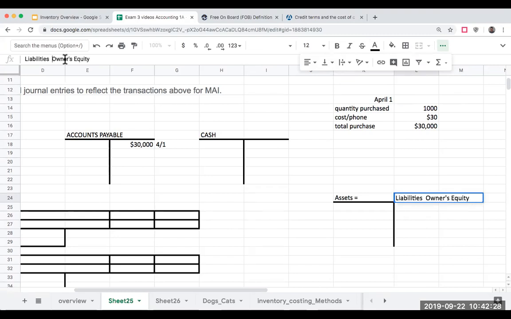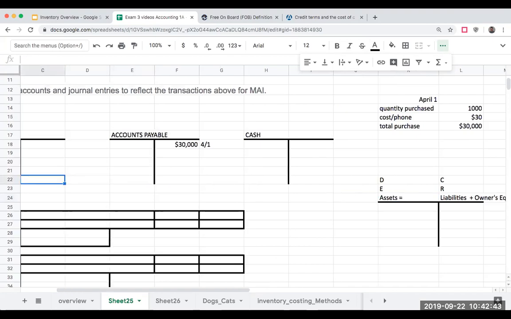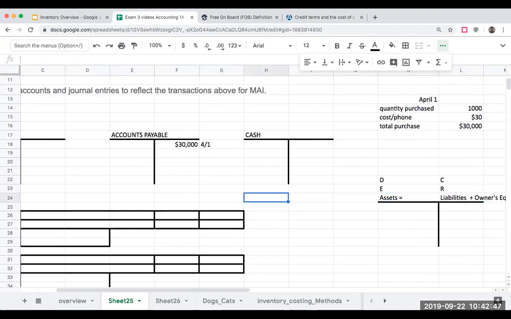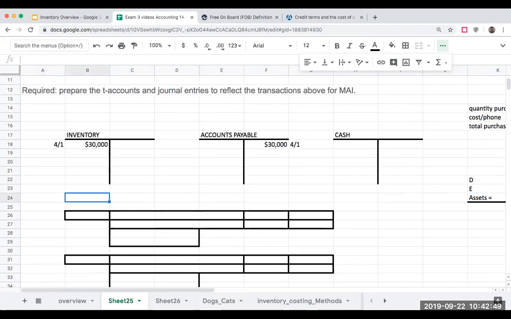And when I'm recording transactions on T accounts, B, C, E, R. So I'm showing an increase to an asset with a debit, and I'm receiving inventory, so I'm debiting my inventory. And then I'm showing an increase to my liabilities because I have not yet paid for that inventory.